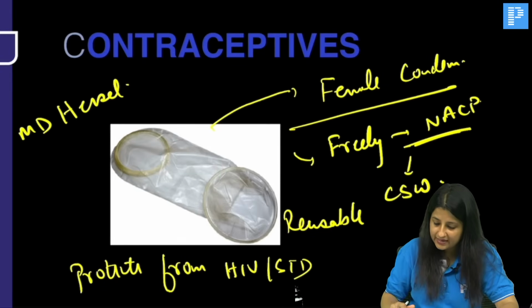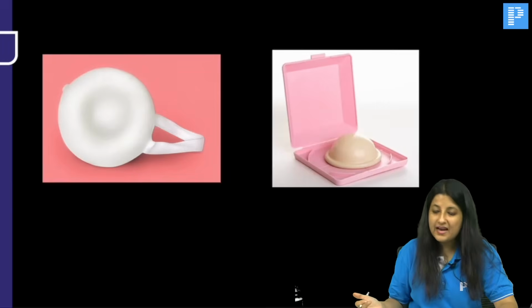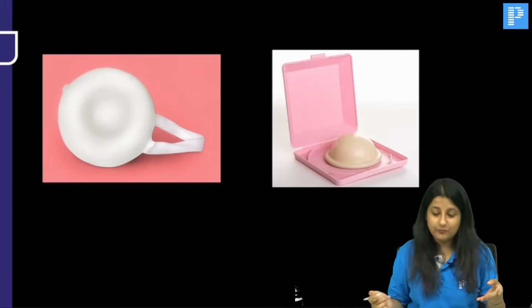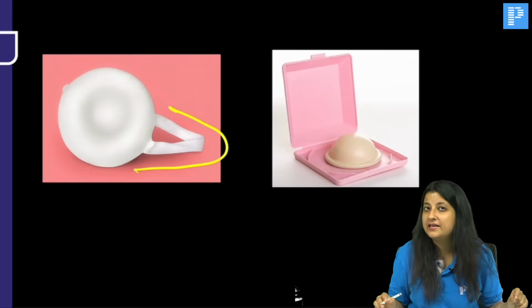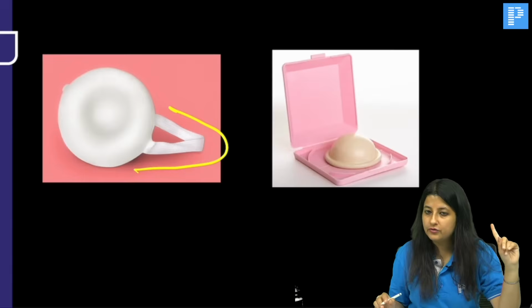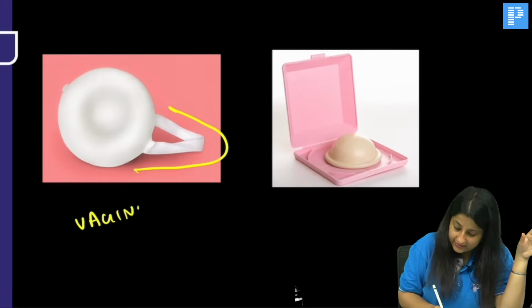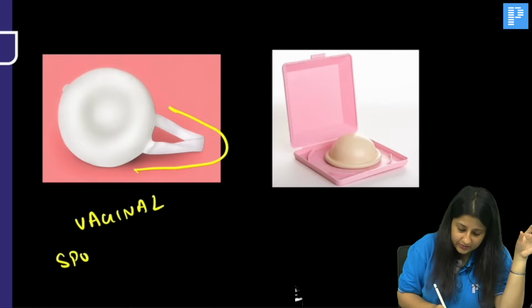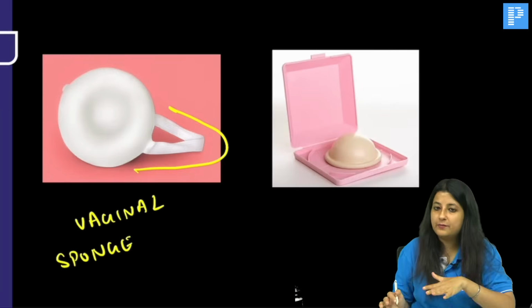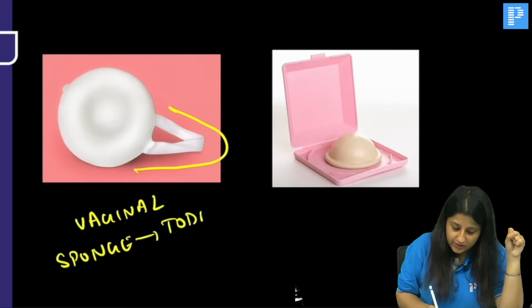Next, very famous for both NEET PG and FMG exams, a V-shaped band. The female condom is a barrier method, all of you know that, right? This is a V-shaped band. What is its name? Vaginal sponge. The brand name is Today. And what is the chemical that it contains?